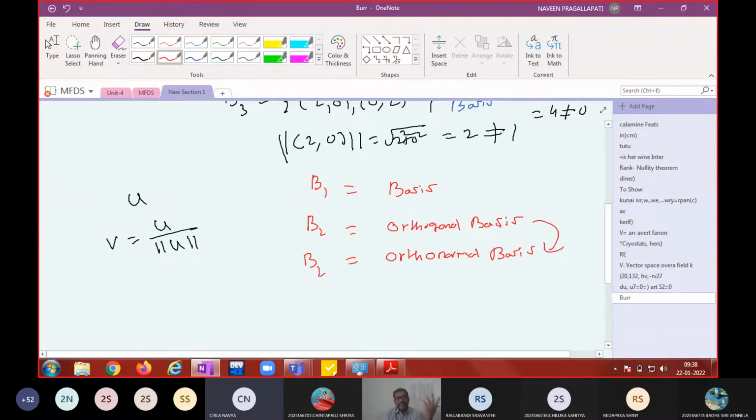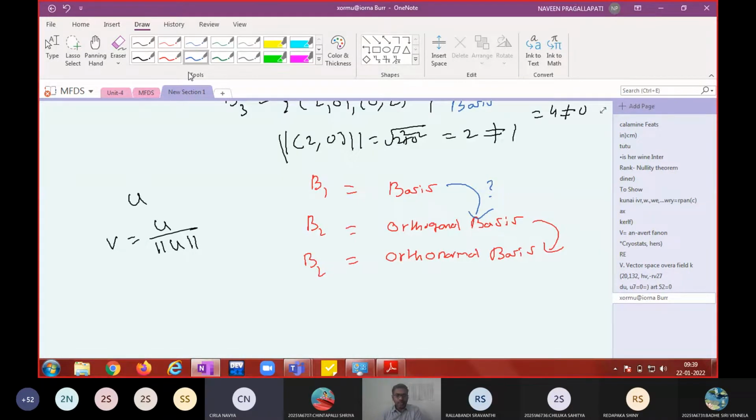Just divide each vector by its magnitude, then you will get an orthonormal basis. Now the question is how to find an orthogonal basis from a given basis. That is through a process called the Gram-Schmidt orthogonalization process. So what is that? We will see now. That's the main discussion now.